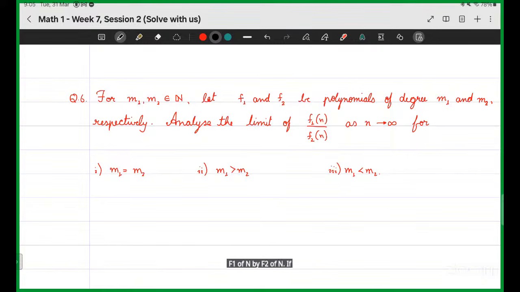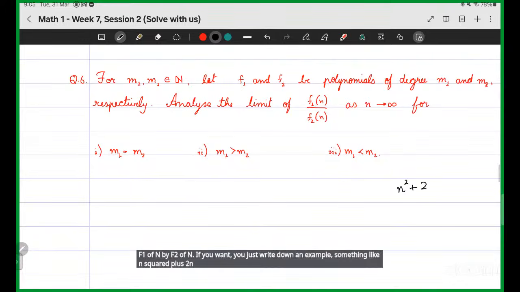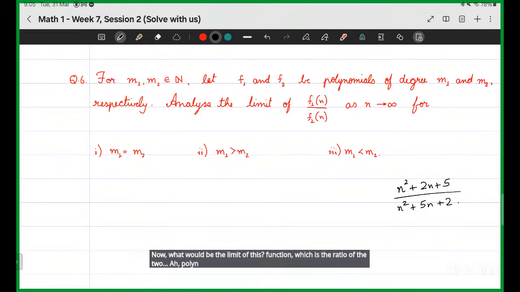If you want, you can write down an example, something like n square plus 2n plus 5 divided by n square plus 5n plus 2. If you want, you can just think of it this way. Now, what would be the limit of this function, which is the ratio of the two polynomials written in terms of n, as n goes to infinity?